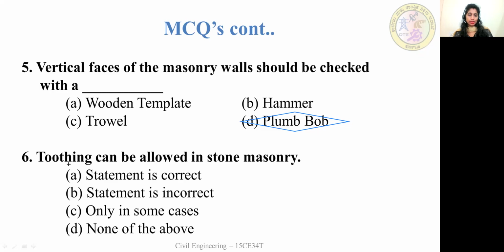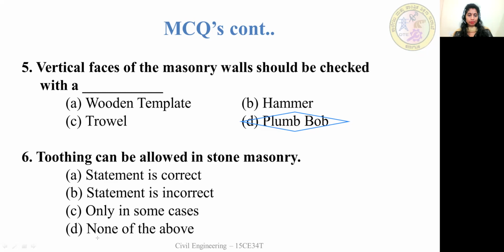If you select option A, it means toothing can be allowed in stone masonry. Option B, this statement is incorrect, means toothing should not be used in stone masonry. Option C means only in some cases we can use toothing.